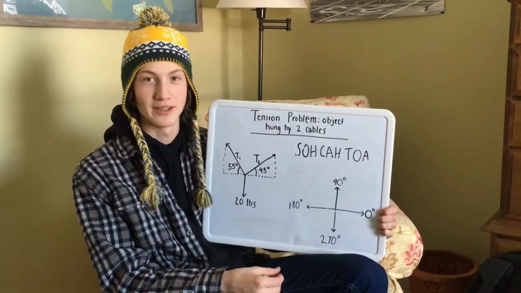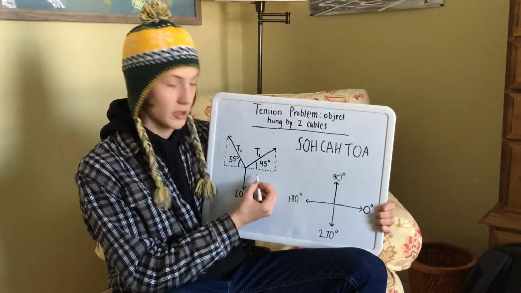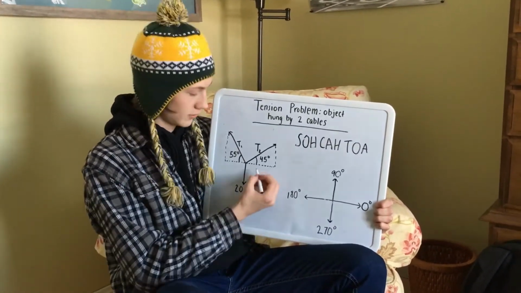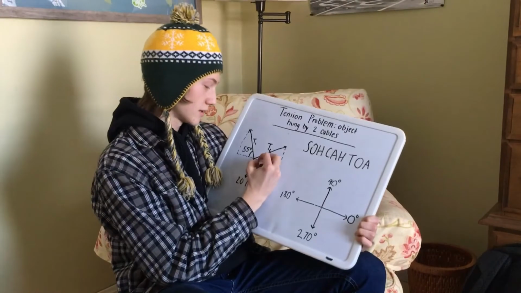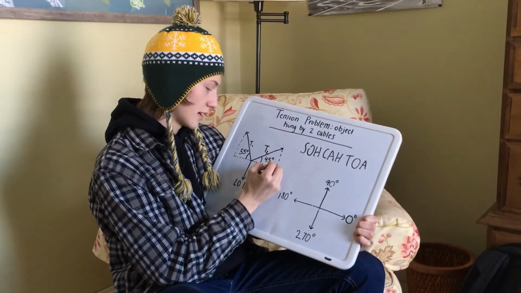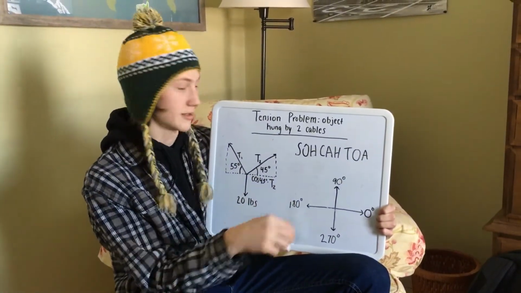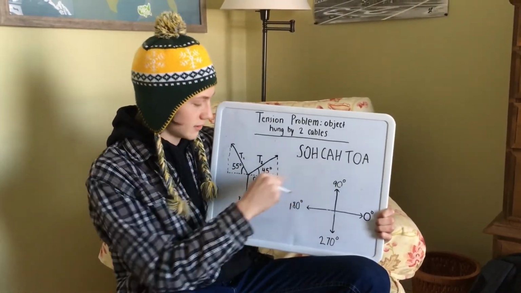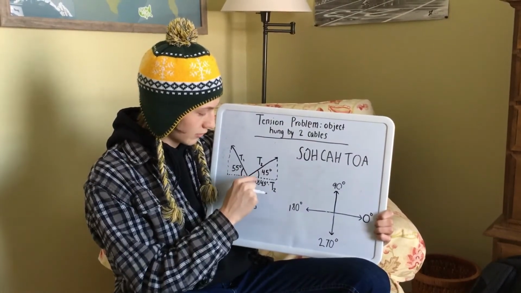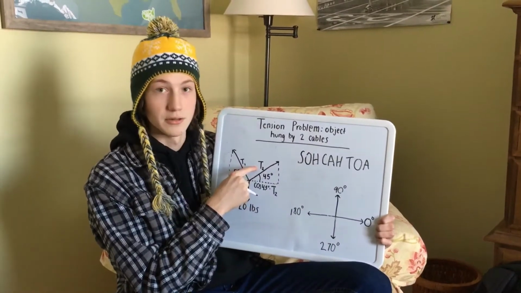To find each component of the triangle, you use the sine and cosine of the angle. For cosine, which is the x value, the bottom, it is the cosine of 45 degrees times T2. Because, as Peggy Herbert told us, SOHCAHTOA, cosine is adjacent to the angle, this is the adjacent side, times the hypotenuse, which is T2.